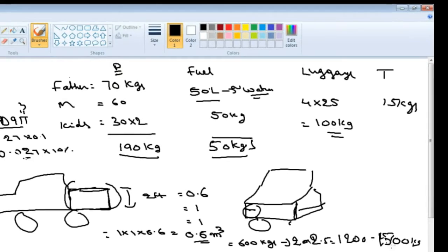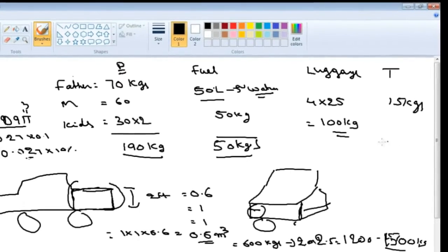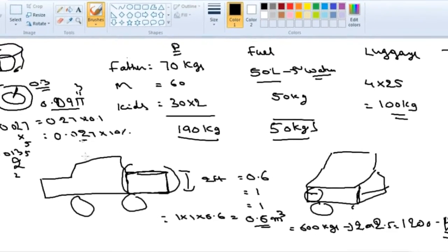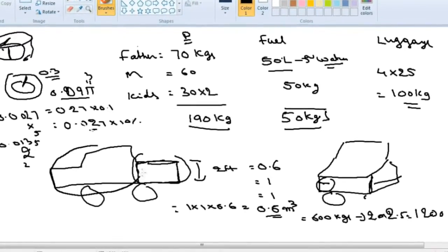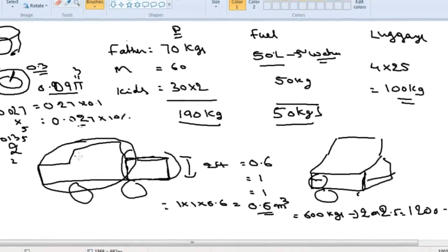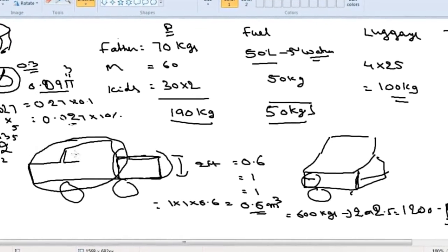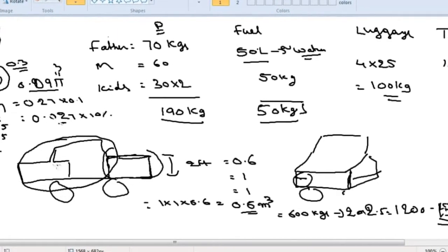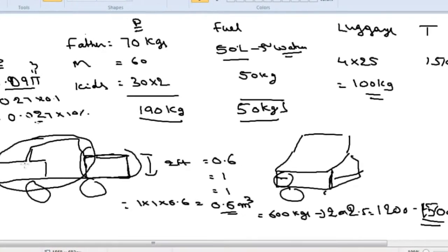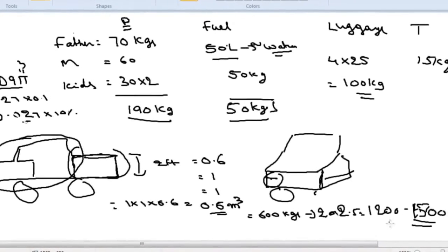Now, obviously, this is the biggest weight, and then I have the rest of the body with some seats and other things. Rest of the body, again, I can assume most of it is empty, because there are seats and people sit, so most of it is empty. So I could take it to be 1/10 of this weight.